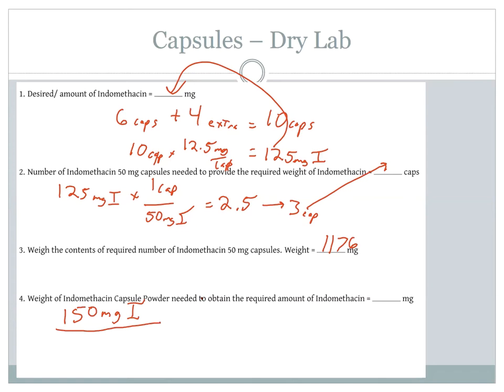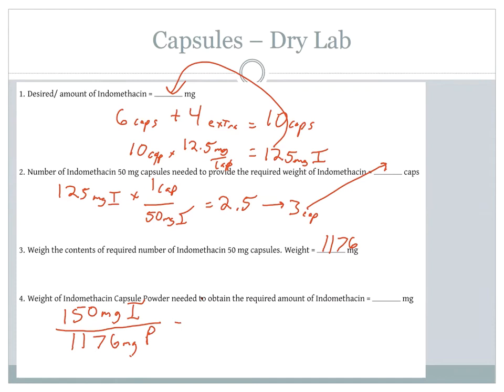The weight that we just wrote down. So in 1,176 milligrams, and I'm going to put a P for powder, because clearly that's not just indomethacin, there's other stuff in there. There's 150 milligrams of indomethacin in 1,176 milligrams of powder.